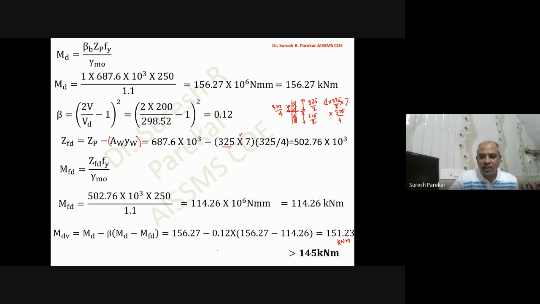A small change: if we calculate the percentage change in MD and MFD, it is very small, around 1.5 and then around 3.2. Likewise, we have a reduction due to high shear.